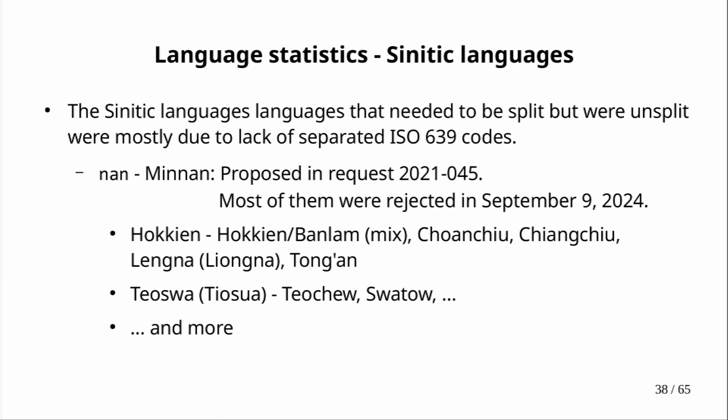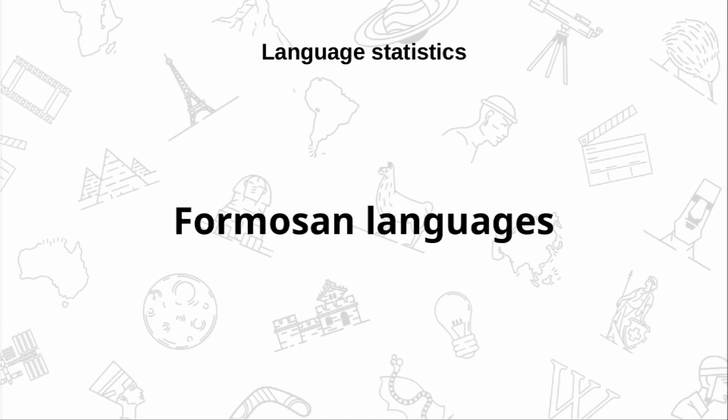For example, Hokkien under Minnan includes the mixed one, which means Chaozhou and Zhangzhou mixed, as well as Chaozhou-specific, Zhangzhou-specific, Tong'an, and more like that. And there is also Teochew. The reason we want to split this is because Hokkien and Teochew are not mutually intelligible, but we don't have a specific code for them, so it has been blocked for several years.